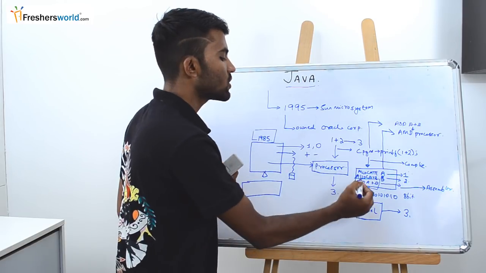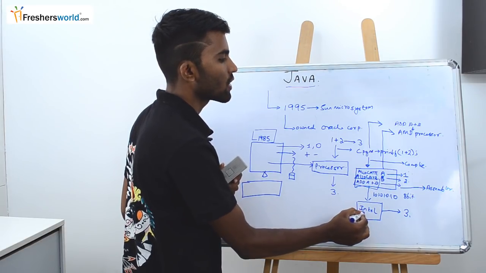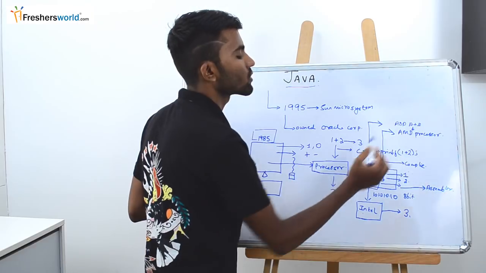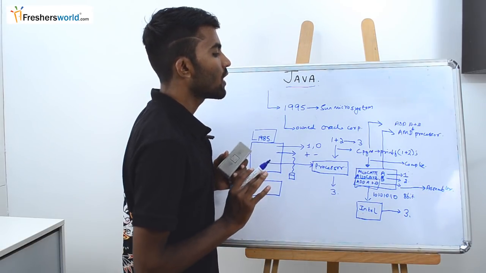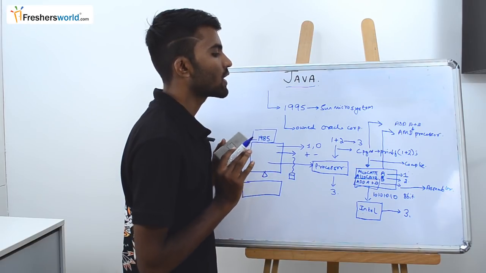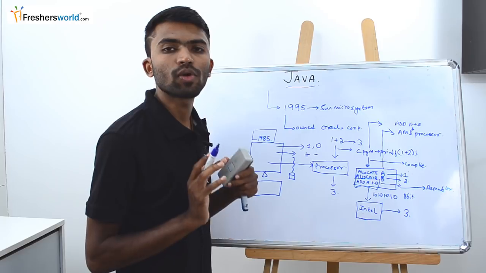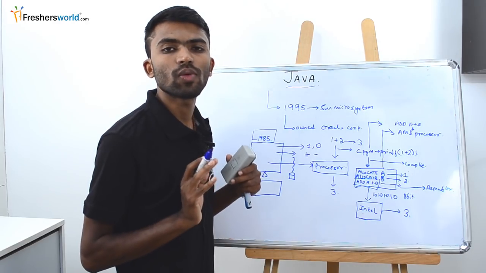The instructions that we write, something known as add a plus b, for the Intel processor may not work for the AMD processor. Now, if I want such a program that adds two numbers and gives me the output on any operating system or any processor, what should I do is the question.